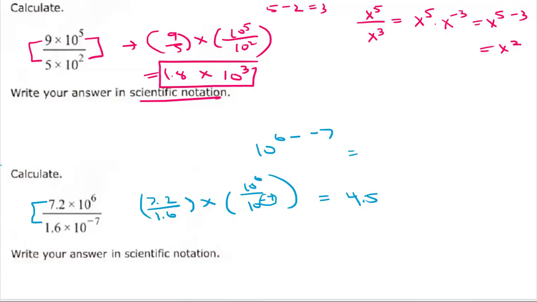So in reality, we're going to have 10 to the 6, and then we're going to add those powers. Again, when we divide, we subtract the powers, but we have an extra negative there, so 2 negatives become a positive. That gives me 10 to the 13th power. So in this case, I get 4.5 times 10 to the 13th power.